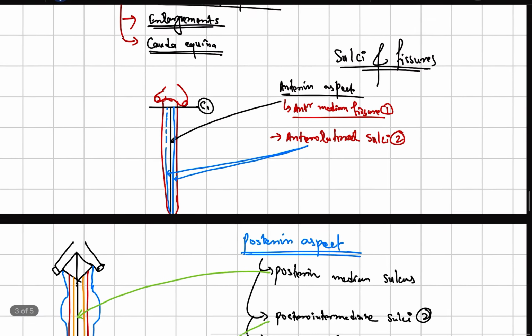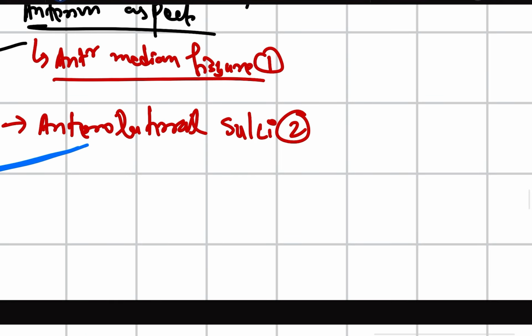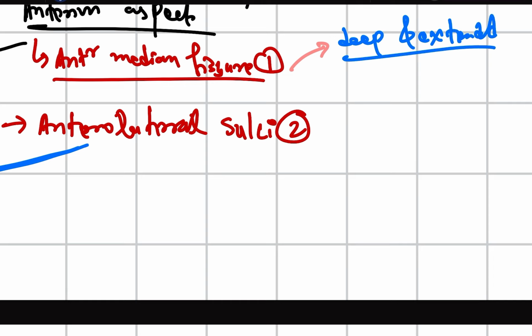So when we look at the anterior median fissure, it is deep and extended along the entire length.